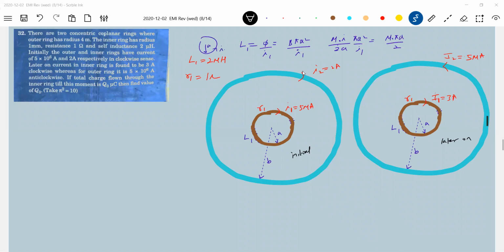Initially, the outer and inner rings have current. Oh, sorry. 2 ampere. Okay, yeah, good. Yeah, this correction we need. Five into 10^6.